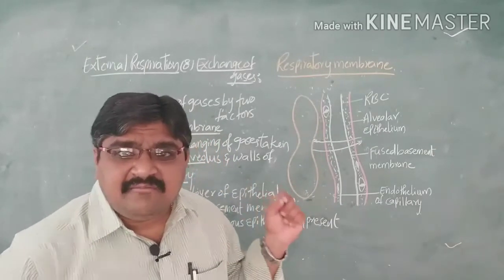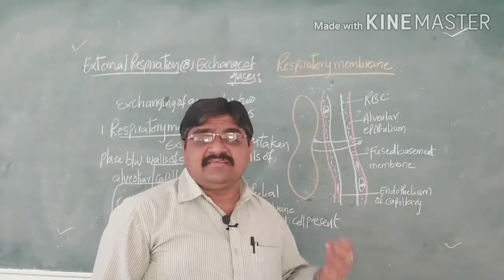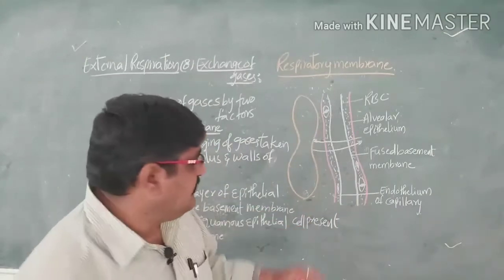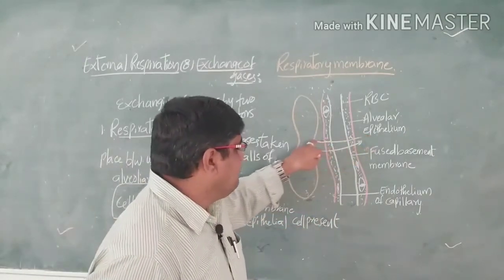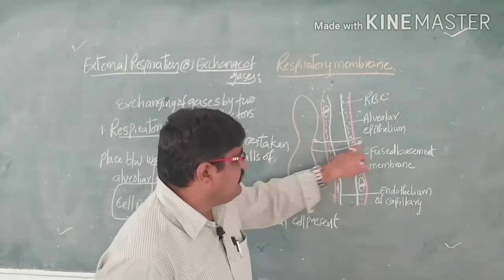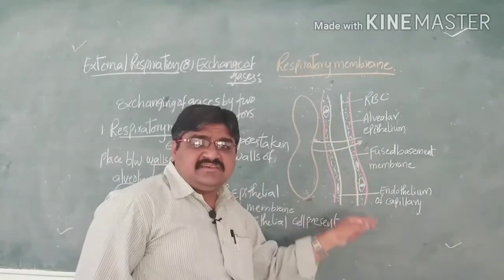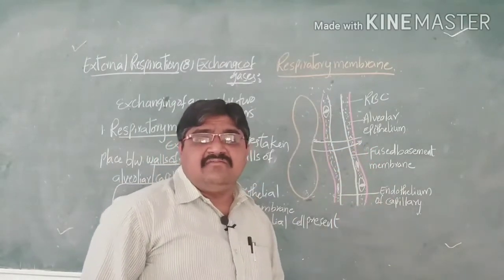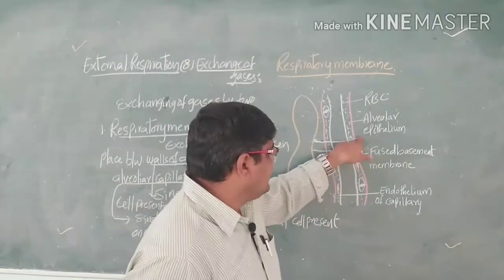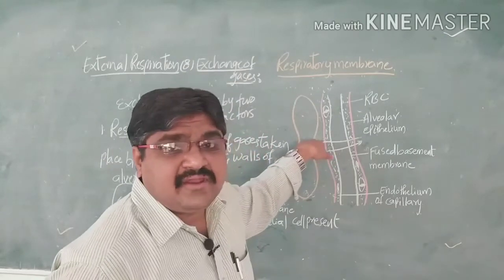Through this membrane, the exchange of gases takes place by diffusion: oxygen diffuses into the RBC, and carbon dioxide diffuses from the RBC into the interstitial space and then passes to the lungs.